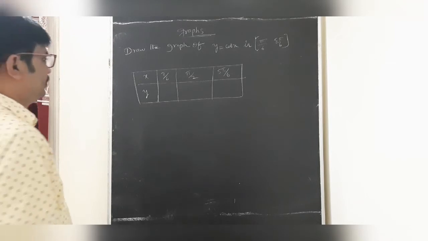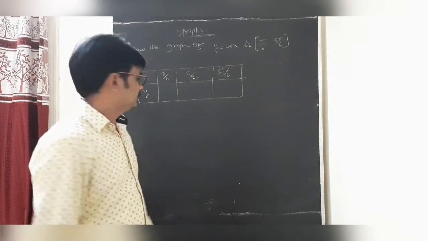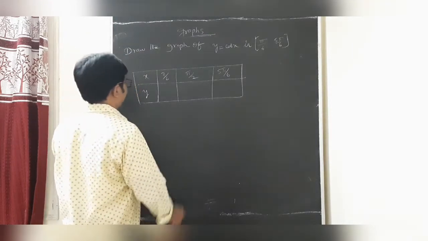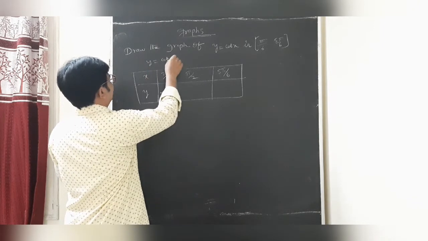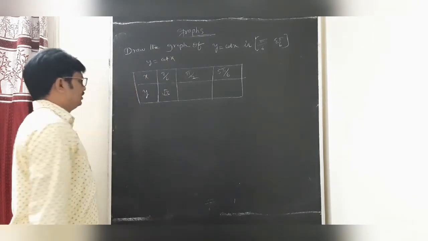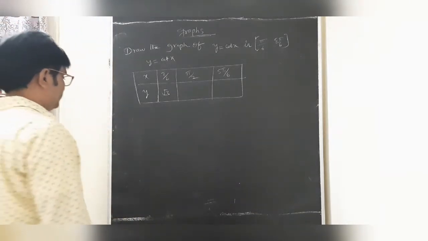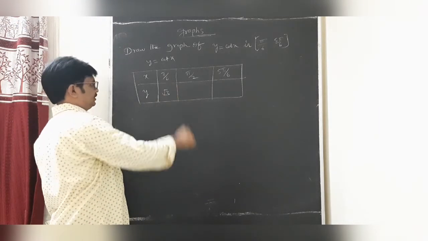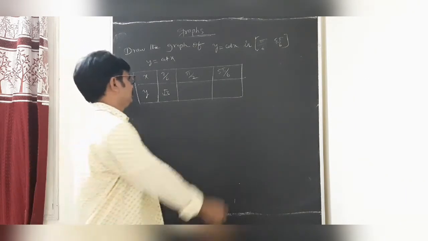Now students, draw the graph of y equal to cot x in the interval 30 to 150. So cot 30 is root 3. My dear students, since tan 30 is 1 by root 3, cot 30 is root 3. Tan 90 is infinity, cot 90 is 0.